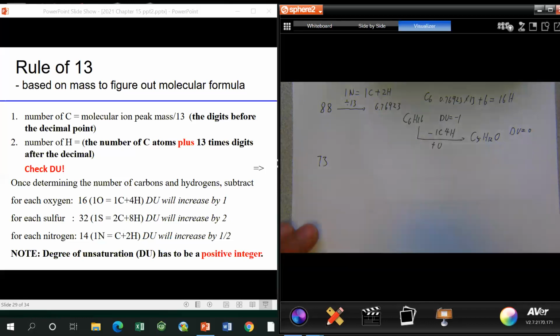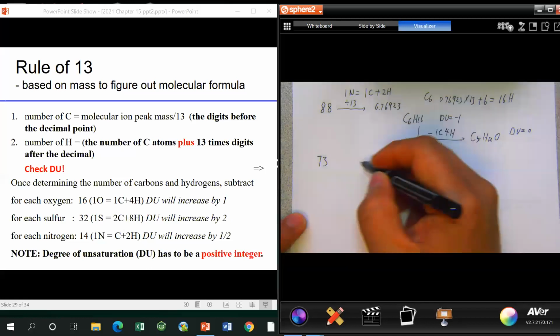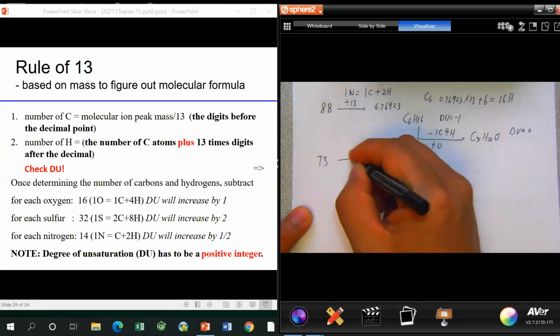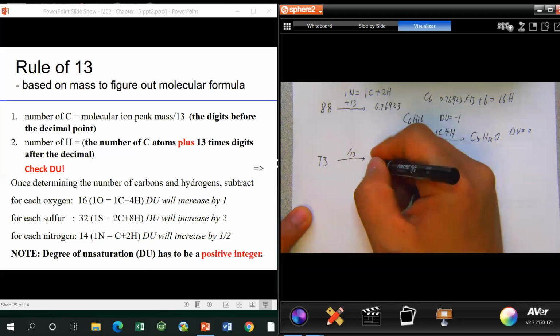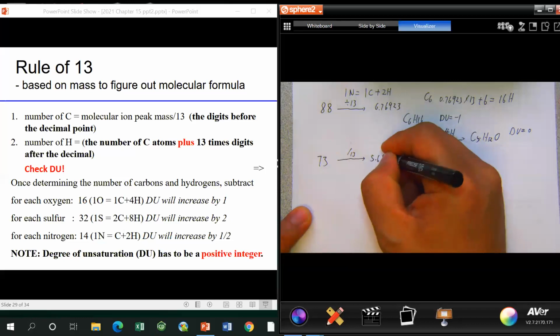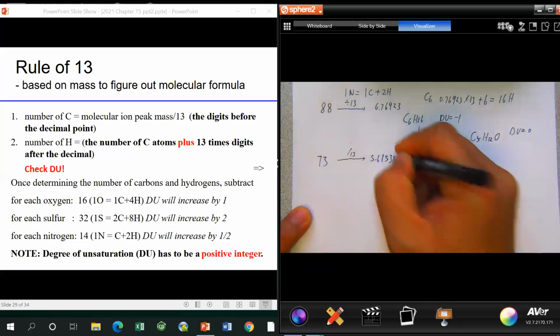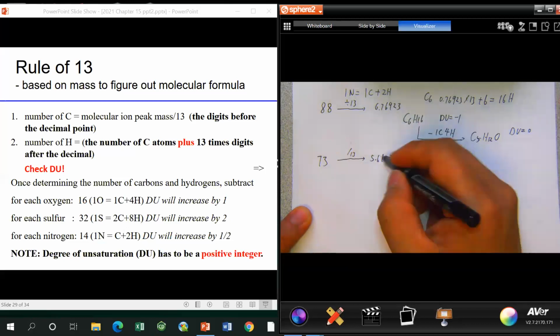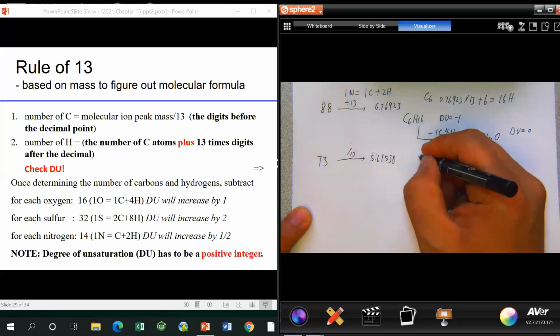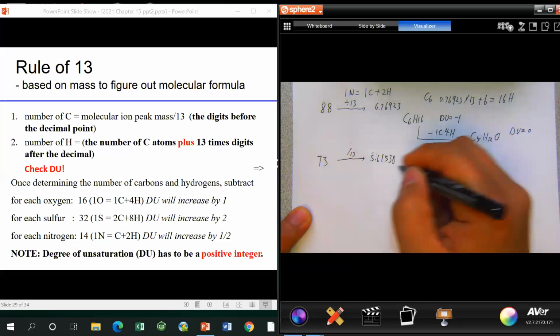So for this one, we apply rule 13 again, and that should give 5.61538. The digit before the decimal point should be the carbon number, 5 carbon, and then this one times 13 plus the carbon number.